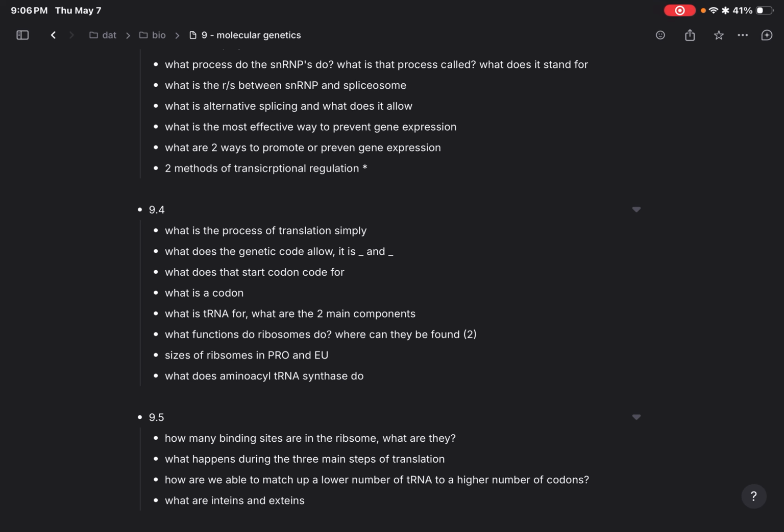The genetic code is redundant and does not contain ambiguity. The genetic code allows for multiple. It's basically just a codon table, so it allows you to have, what is it called, anti-codons.